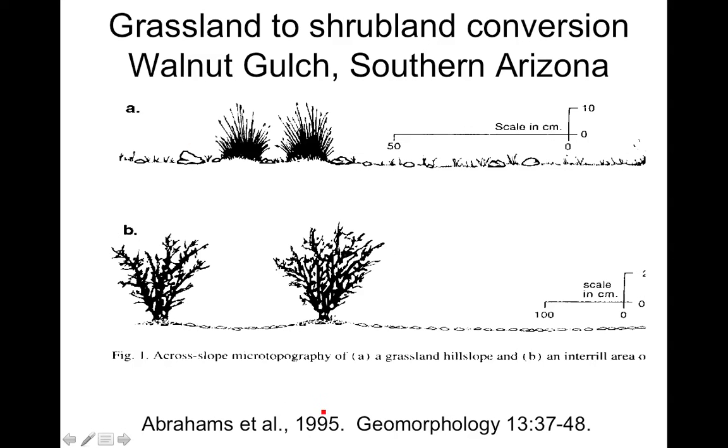So Abrahams and his colleagues really do a lot of studies in semi-arid, water-limited environments, particularly Arizona is a good example of where they base a lot of their studies. And they characterise some of the surfaces and erodibility of these sites, and particularly where we have these grasses and shrubby landscapes. And typically what they see is a relatively flat landscapes covered in patches of rock and patches of vegetation.